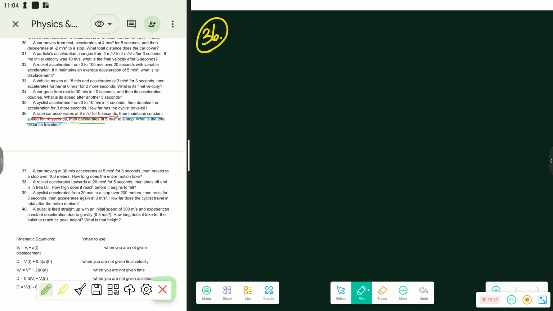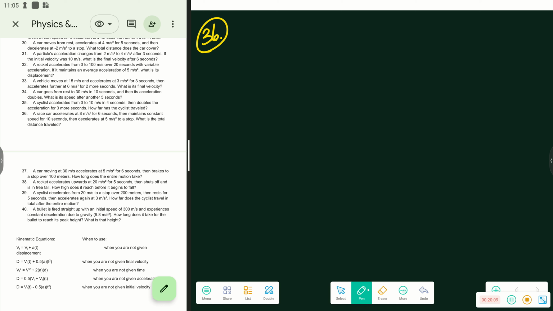Then it decelerates at 5 meters per second squared to a stop. What's the total distance traveled? How many intervals do we have? 3 of them. You have the acceleration piece, it maintains its constant speed, then decelerates at the end. So you have the three separate intervals: acceleration, constant, decelerate.